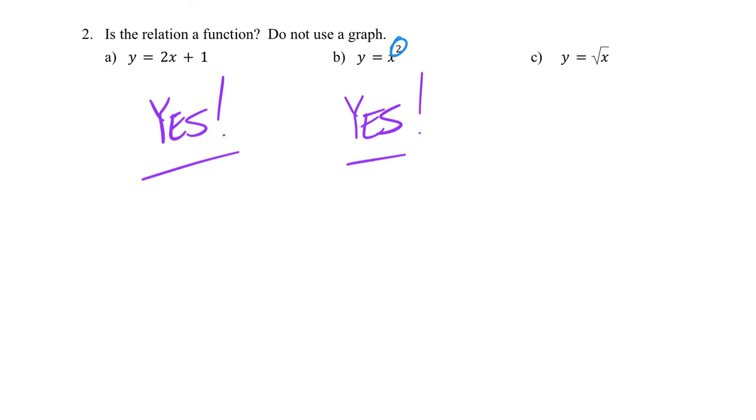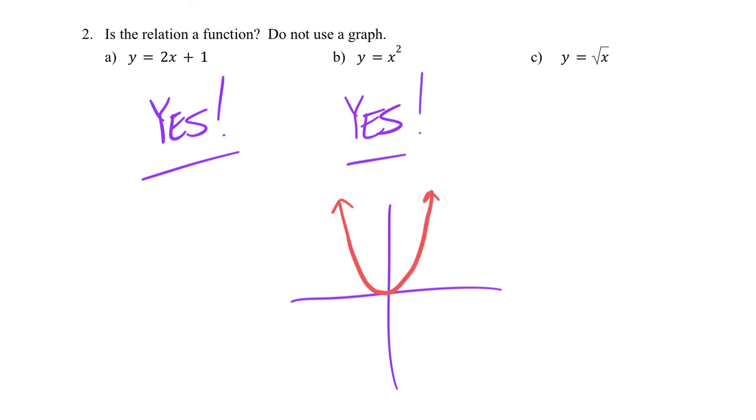Okay, why did I want to talk about this one? I'm going to talk about this one with a graph. We have not addressed this function yet, but we will. And this graph is going to become one that should be put in your back pocket. You're going to need to know it cold. That graph is a parabola, and it looks like this. Notice, if I pick an x value of, let's say, 2, and I sub that in, 2 squared gives me a y value of 4, so I would have this point here at (2, 4).